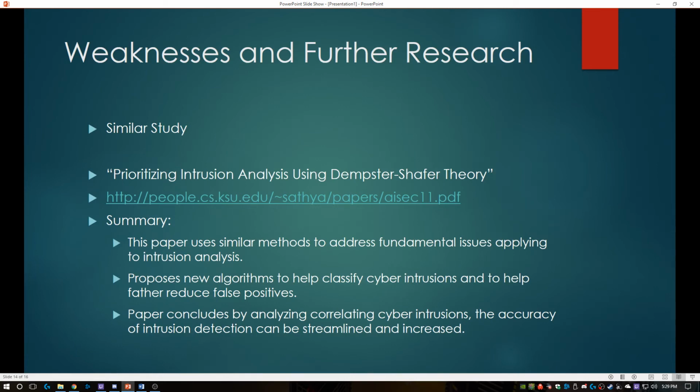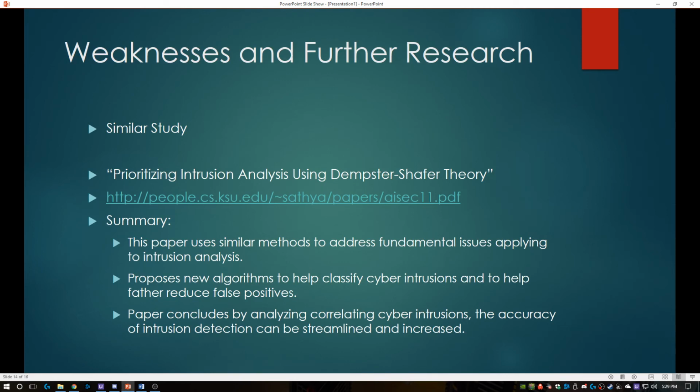This paper takes the Dempster-Shafer theory and further expands upon the fundamental issues of it. It proposes new algorithms to help classify cyber intrusions and to help further reduce false positives. So they're taking the algorithms that were predefined in our ensemble and either expanding or tweaking them to help drive better results, to increase our rate of detection and decrease our rate of false positives.